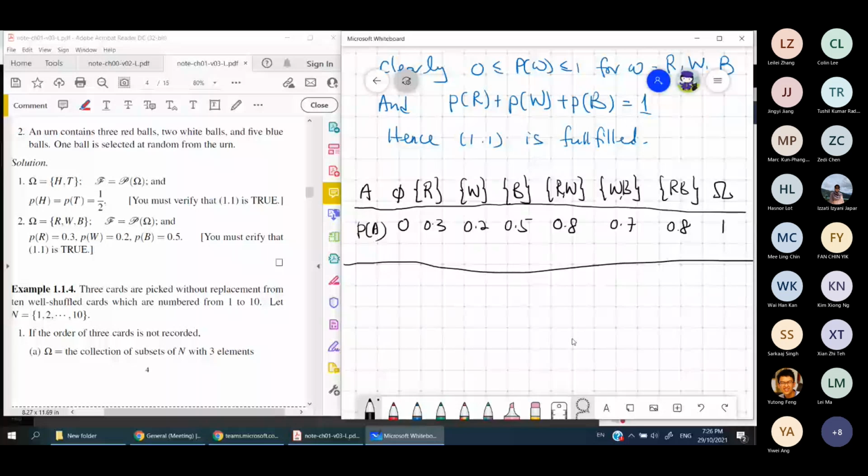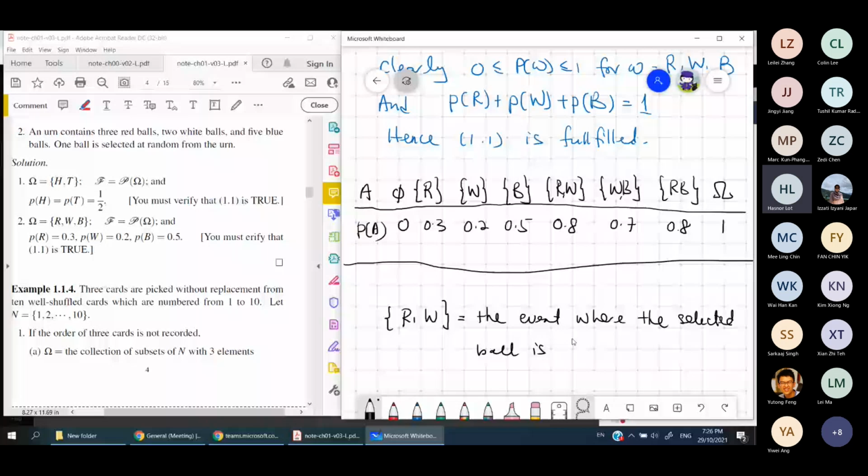So RW means the event where the selected ball is either red or white.